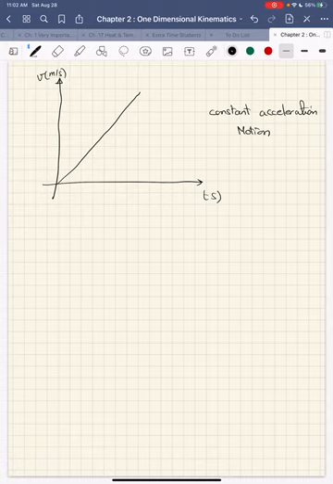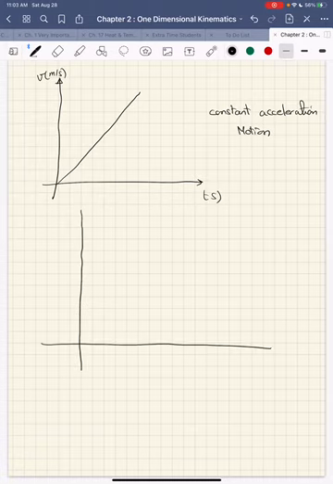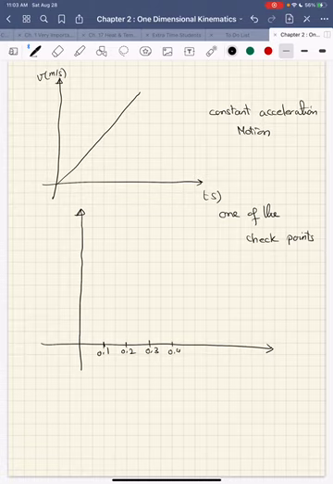Now, this is just one of the checkpoints, which means I want to check your understanding. Here I have point 1, point 2, point 3, point 4, point 5, time in seconds, and this is x in meters.